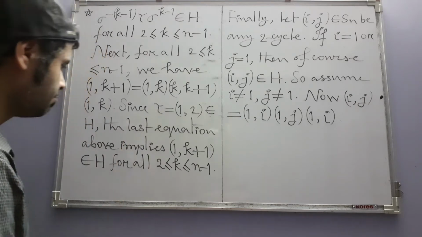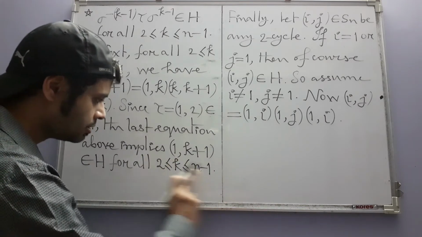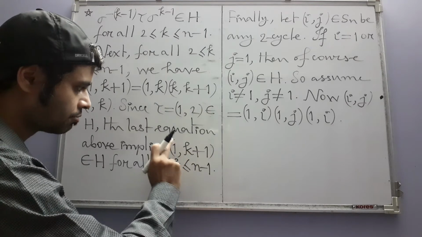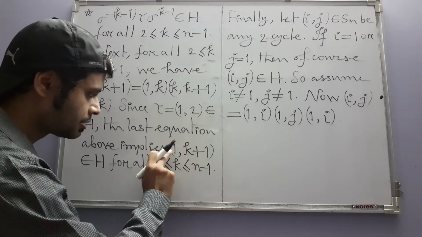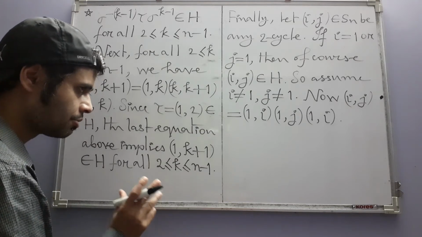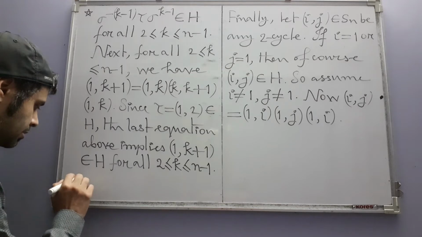Should I also mention here the fact that among these elements, that is the 2 cycles where one of the symbols is 1, the tau element (1 2) is also one such. Let me just write one sentence here.